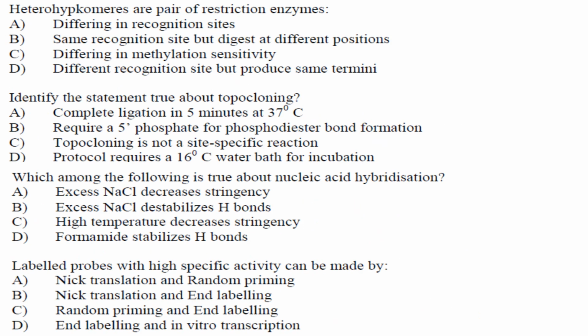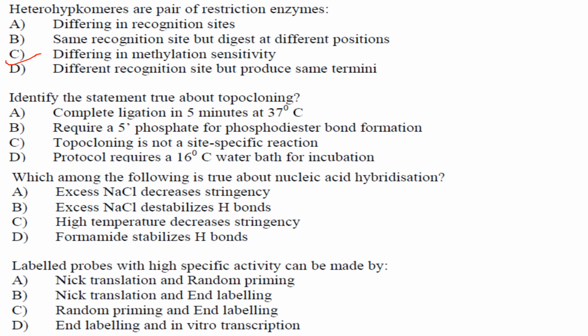Then heterschizomers are a pair of restriction enzymes differing in methylation sensitivity. Same recognition site but digest at different position is neoschizomers, that they have asked in January 2024 question paper. Different recognition site but produce same termini, they are isocaudomers.